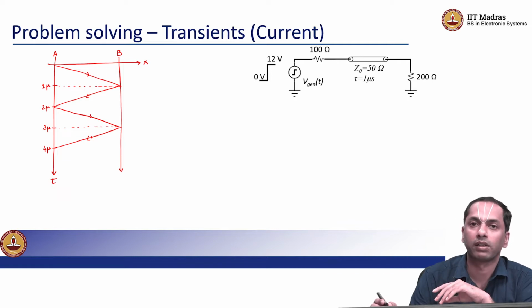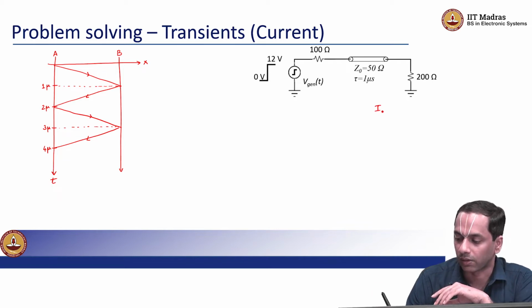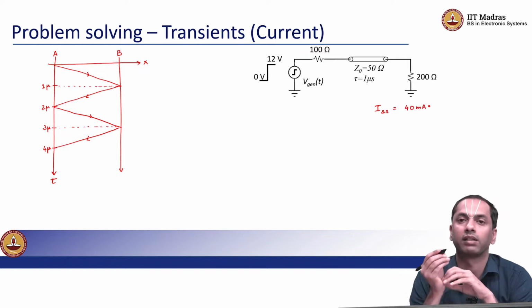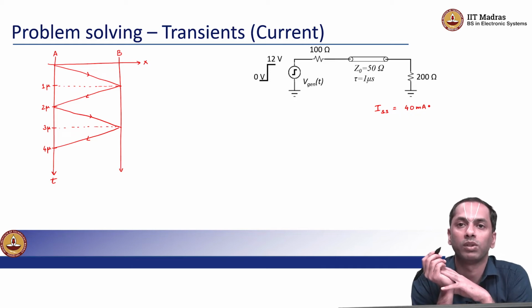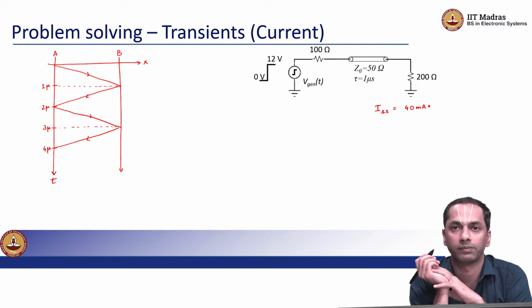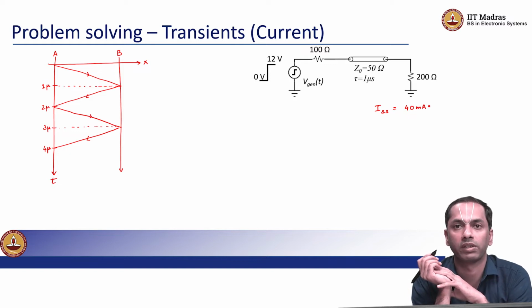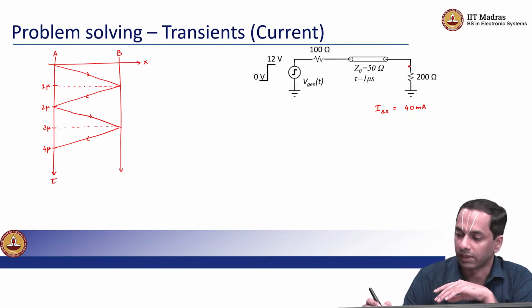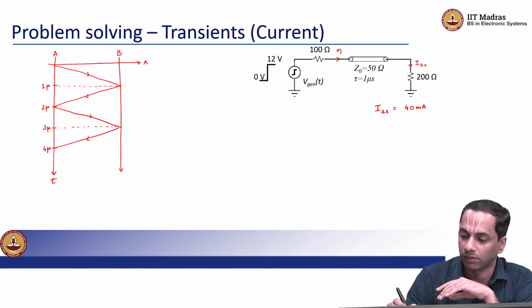So remember that the steady state current that we solved from the last slide was about 40 milliamps, right? So we expect that amount of current to be flowing through the entire transmission line at steady state. How did we get this? 12 volts divided by 300 ohms, right? So we expect I_SS for t equals infinity.